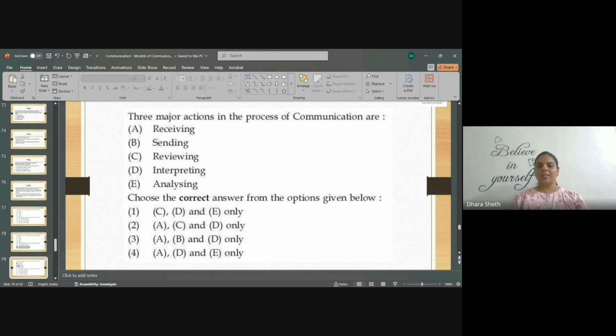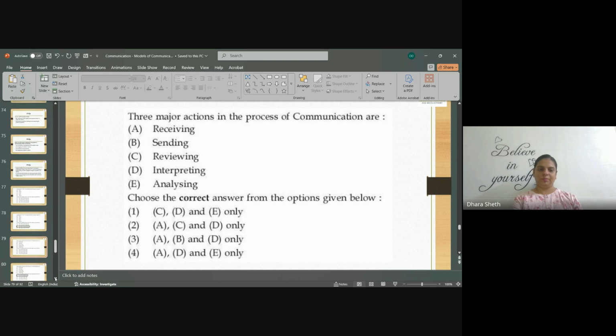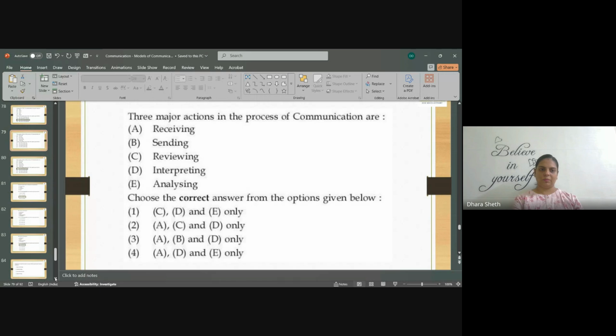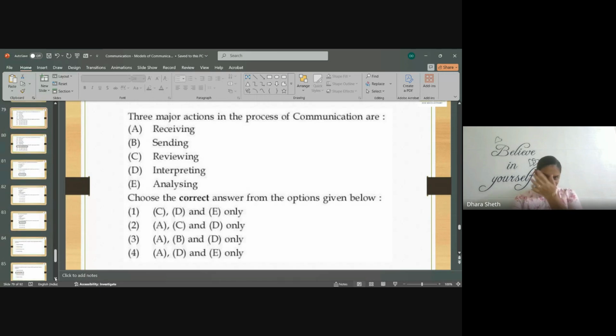The major actions in the process of communication are receiving, sending, reviewing, interpreting, analyzing. Think of the keywords that we have talked about. Three.